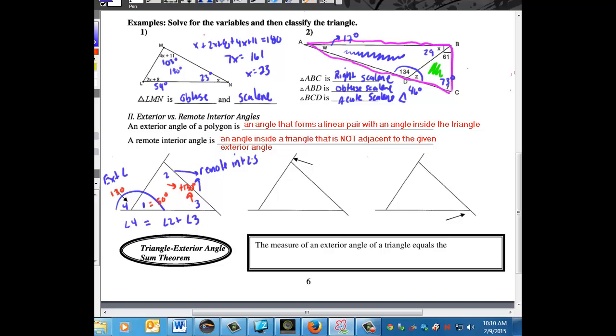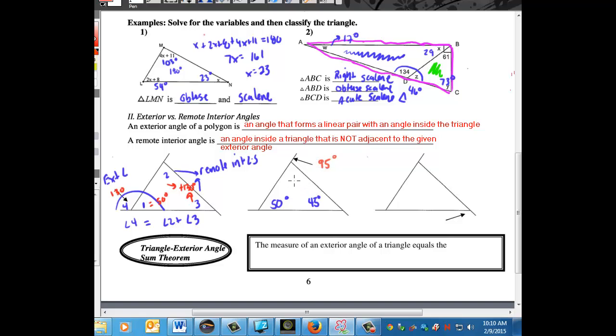Alright, let's keep rolling. If you were told that you had a 50-degree angle and a 45-degree angle here, and this was all that you were shown, then what you could do next is you could say that I know that this angle has to be 95 degrees. And how did I get that? Well, you can just add these two up and you get 95, or you can work backwards.